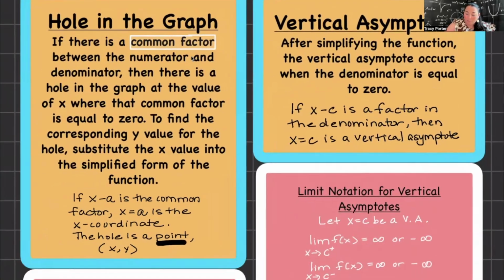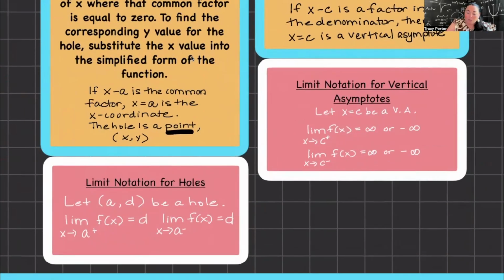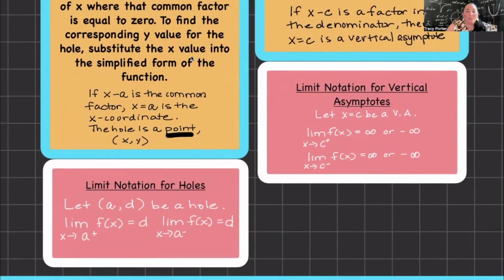Now, for AP pre-calculus, we also are going to emphasize the limit notation. So we have some limit notation. Add a hole in the graph, if you wanted to do a simple sketch to show what this is going to look like if we had a hole in the graph.